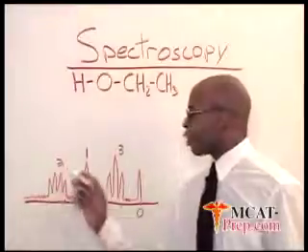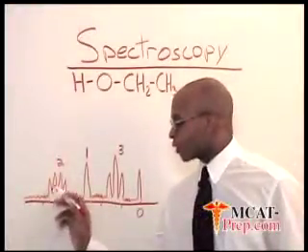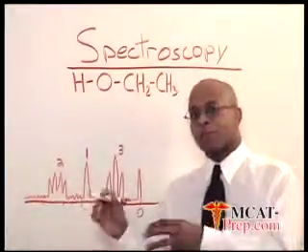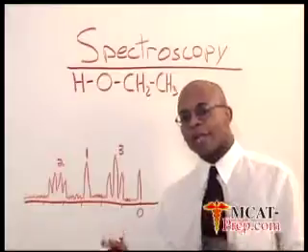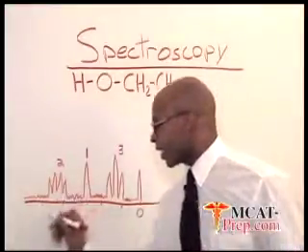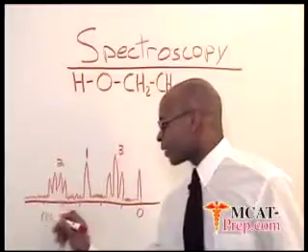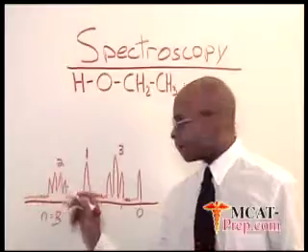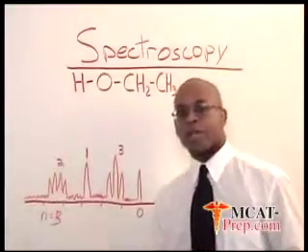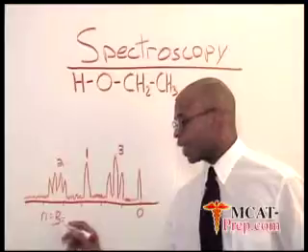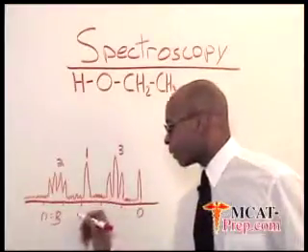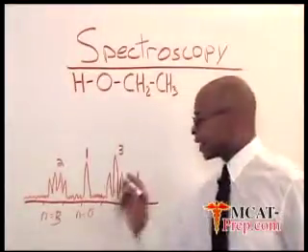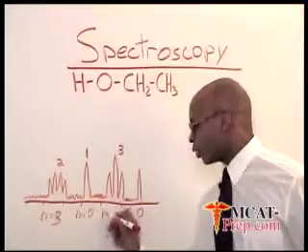For example, over here, there are 4 peaks, 1, 2, 3, 4. So 4 is equal to n plus 1. Therefore, n is equal to 3. So here, n equals 3, and that means the number of hydrogens in the adjacent atom to this particular set of hydrogens will be 3. Here, the number in the adjacent atom will be 0, because 1 equals n plus 1. Here, the number will be 2.